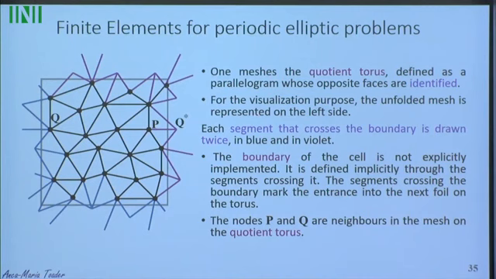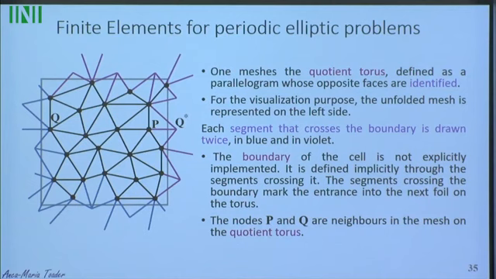Each segment that crosses the boundary here is drawn in blue or in this violet, and the boundary is not explicitly implemented. The boundary is implemented implicitly through the segments that are crossing it, and these segments are marked inside the code.